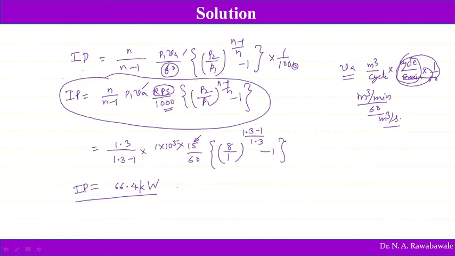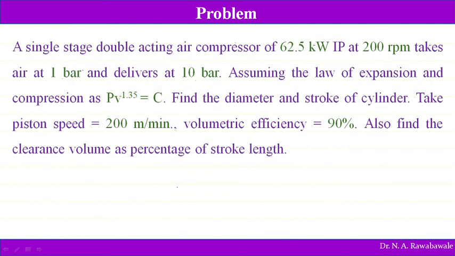Now we move to the next problem for today's lecture, third problem. Here a single stage, again single stage but double acting air compressor of 62.5 kilowatt indicated power.